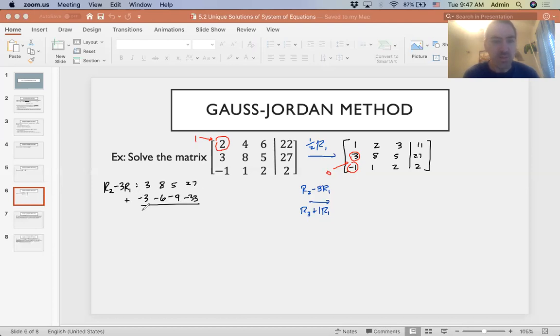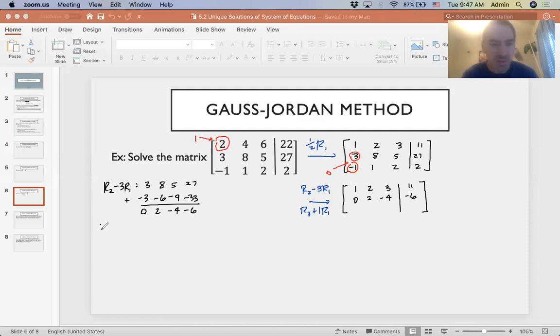So 3 plus negative 3 is 0. 8 plus negative 6 is 2. 5 plus negative 9 is negative 4. And 27 plus negative 33 is negative 6. That is my second row. That's 0, 2, negative 4, negative 6.